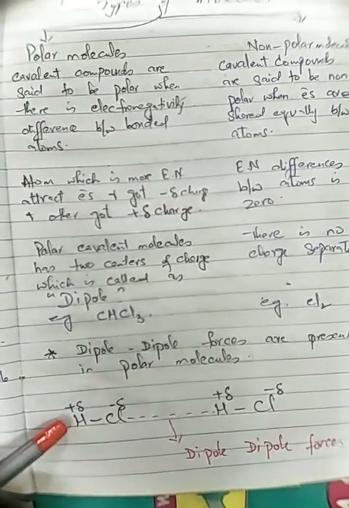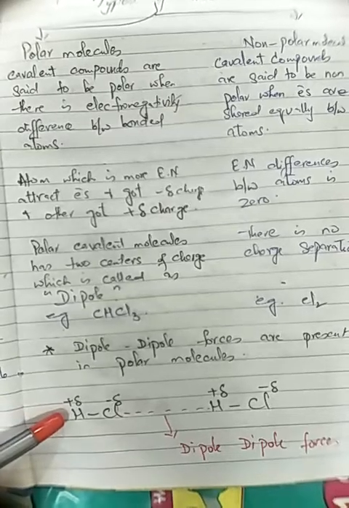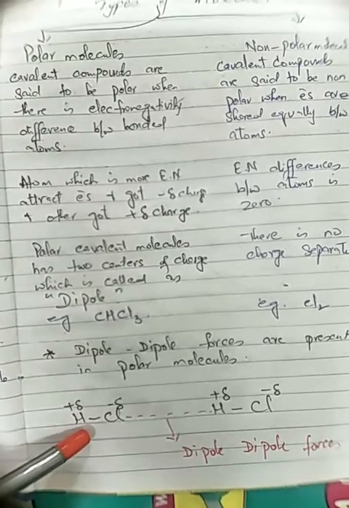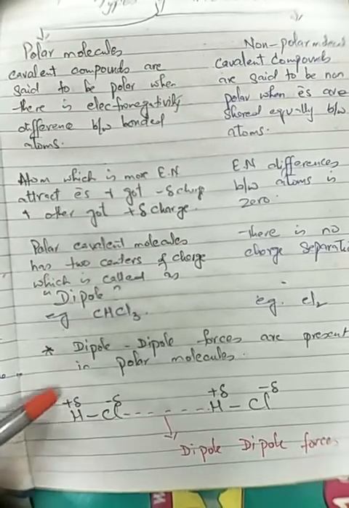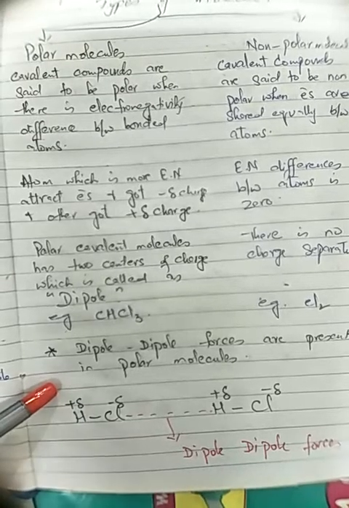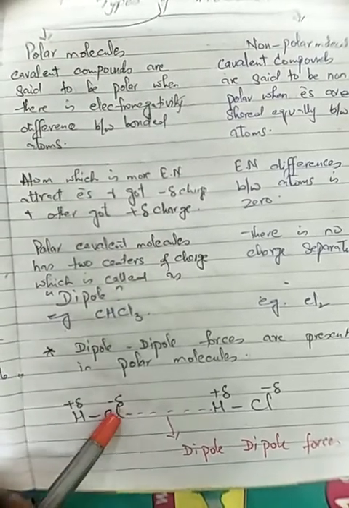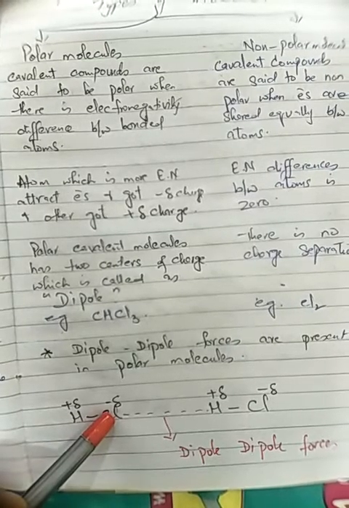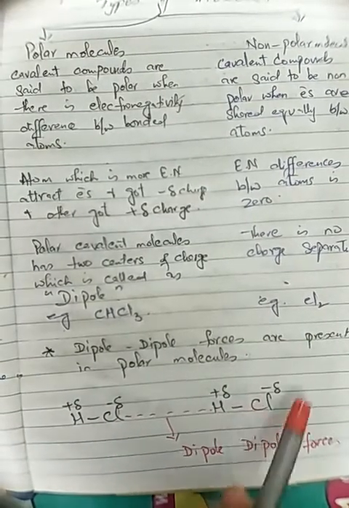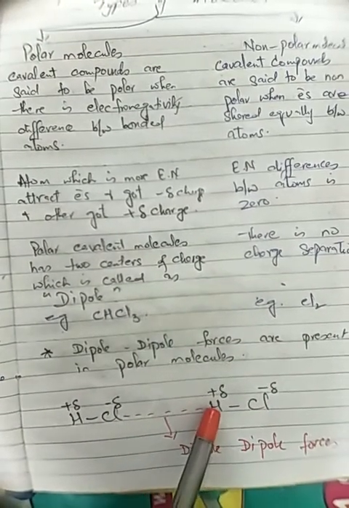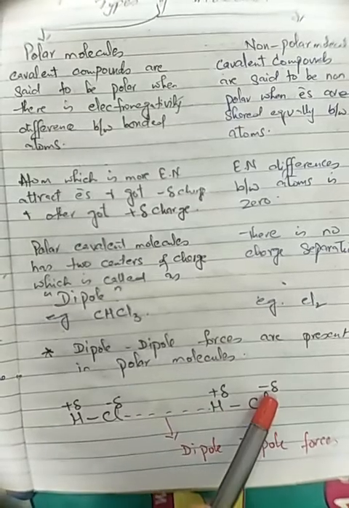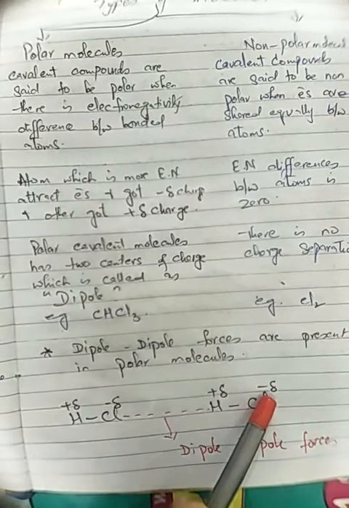As a result, hydrogen is deprived of the shared pair of electrons and gets a partial positive charge. In simple words, hydrogen has less charge density and chlorine has more charge density. There is another HCl molecule on the same basis, with hydrogen partial positive and chlorine partial negative.